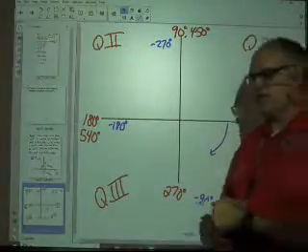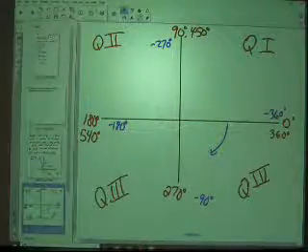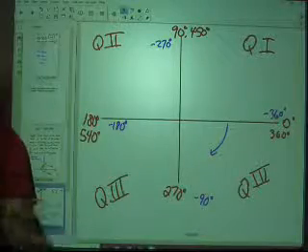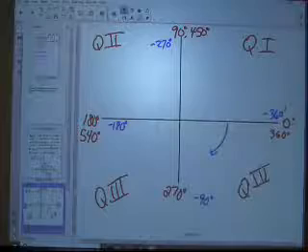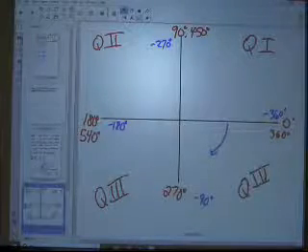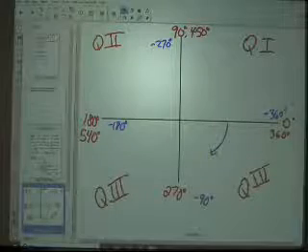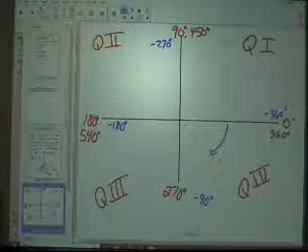In what quadrant does an angle of negative 100 land? Negative 100. That's also quadrant 3. Okay? Now let's think a little bit more. In what quadrant does an angle of negative 500 land?